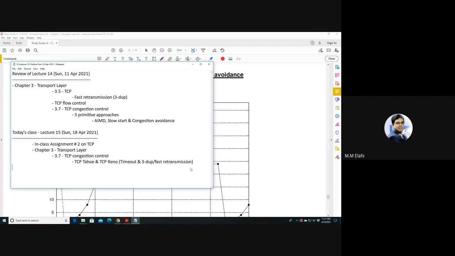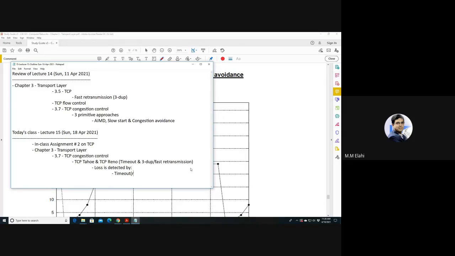So keep in mind, if the loss is detected by timeout, the rate will be again 1 MSS.